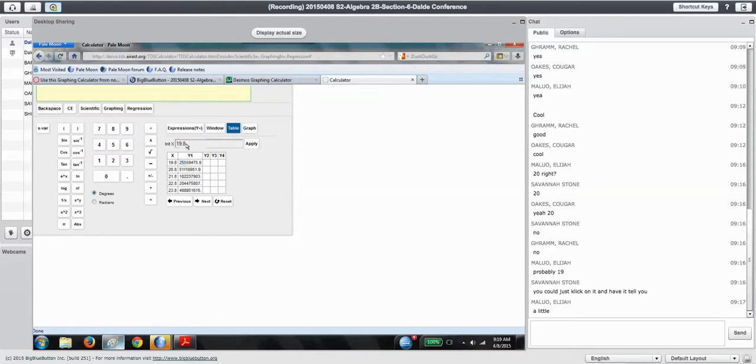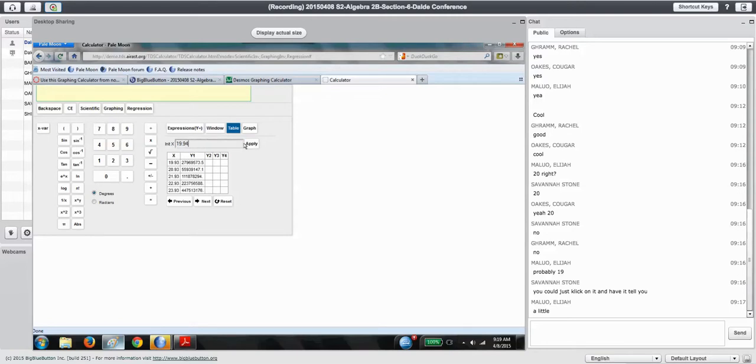Let's go 19.93 as we guessed it to be. Oh, this is really close. 28. In fact, we can even go 19.935. I don't know, I'm just making this up. Oh, I see.